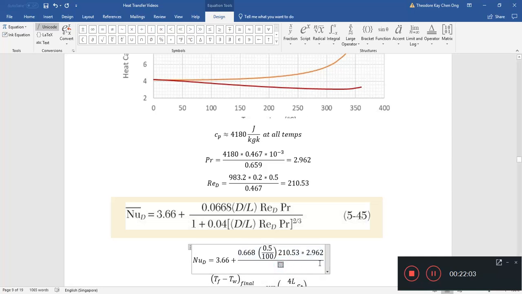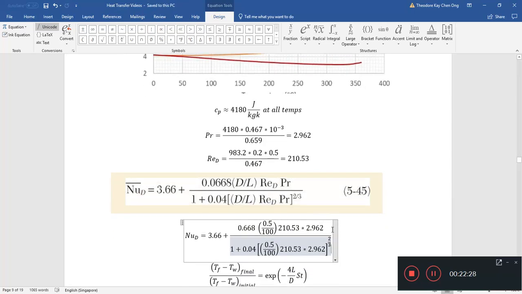Then the bottom is 1 plus 0.04 times 0.5 divided by 100, Reynolds number again, 210.53 times 2.962. So this is our first guess, to the power of 2/3. Yep. So let's get a Nusselt number.